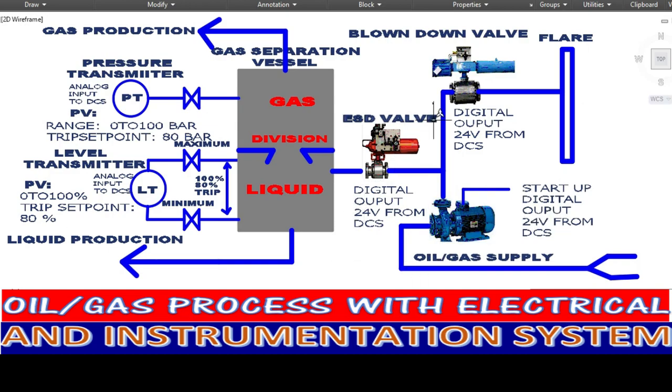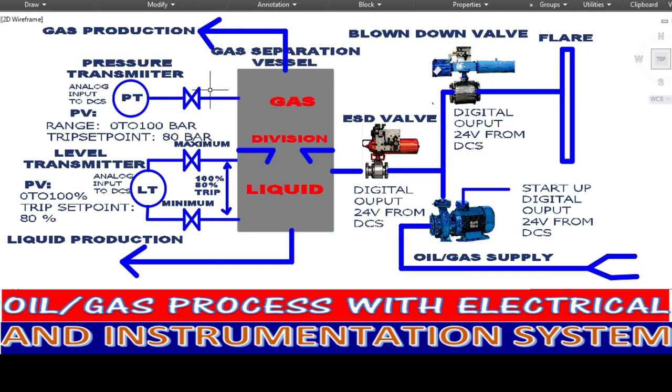So what is the function of these valves? We have here the ESD valve, or emergency shutdown valve, and we have the blow down valve, and the flare. What is the function of these four pieces of equipment? As I said, this pressure transmitter is monitoring the pressure of this gas separation vessel.